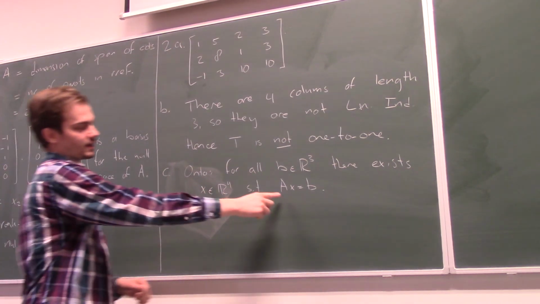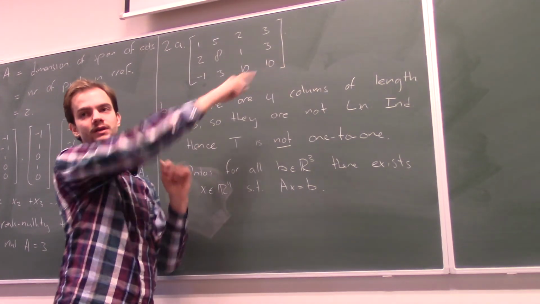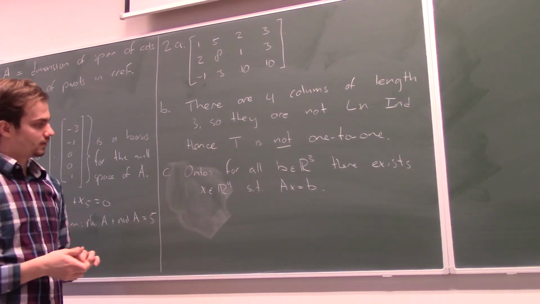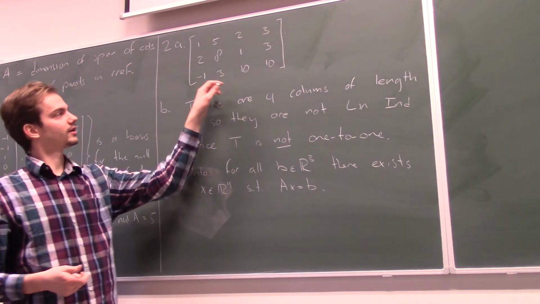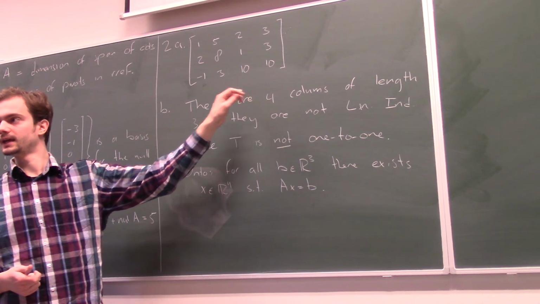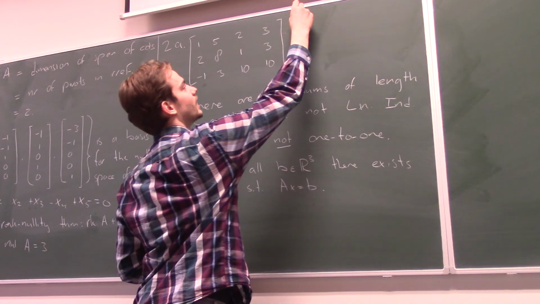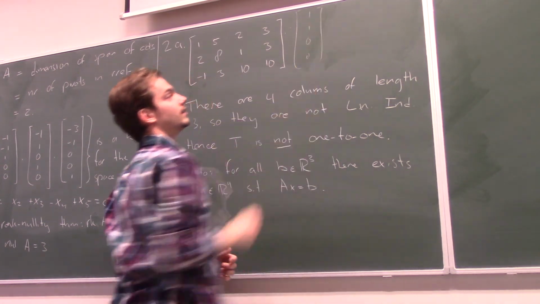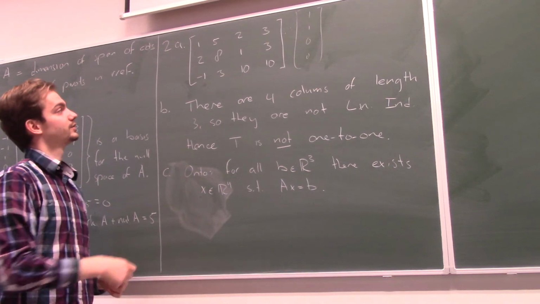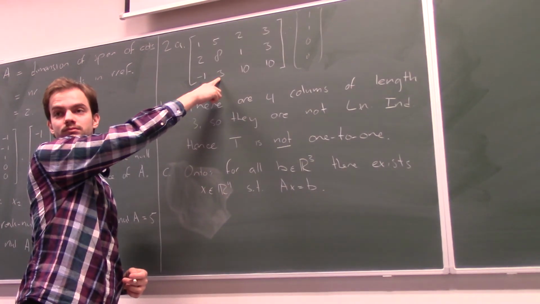And if you look at what happens when you multiply, anything of the form A times x is just a linear combination of the columns of A. So for example, if I multiply this by 1, 1, 0, 0, then the result is 1 times this column plus 1 times this column.